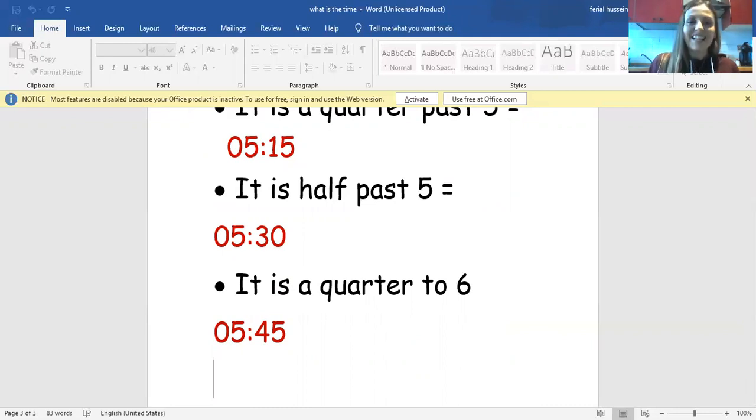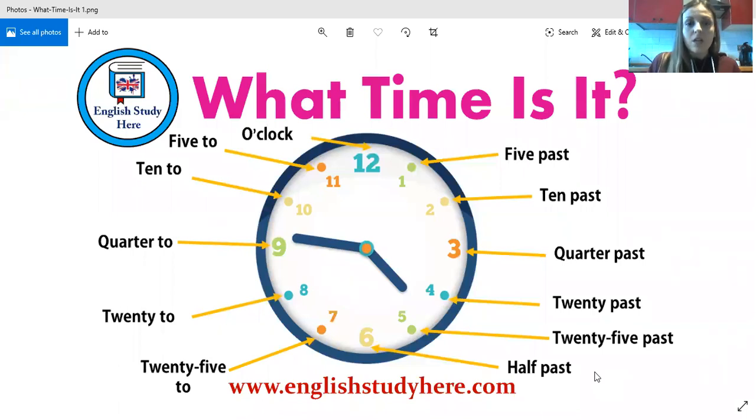Okay, very good. Now I want to show you a photo of a clock. Let's have a look. So what time is it? If you have a look on the clock, you will see 12 hours. Now let's count them together. 1, 2, 3, 4, 5, 6, 7, 8, 9, 10, 11, 12.